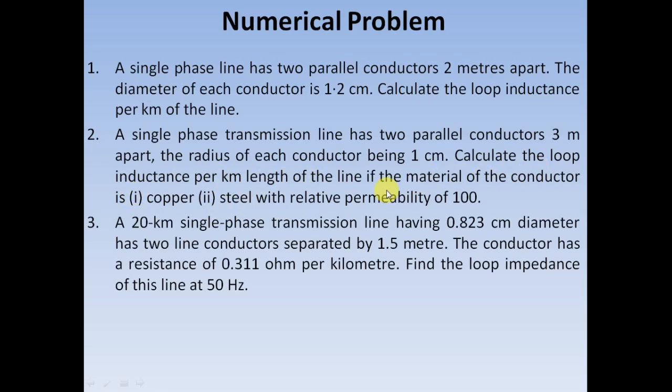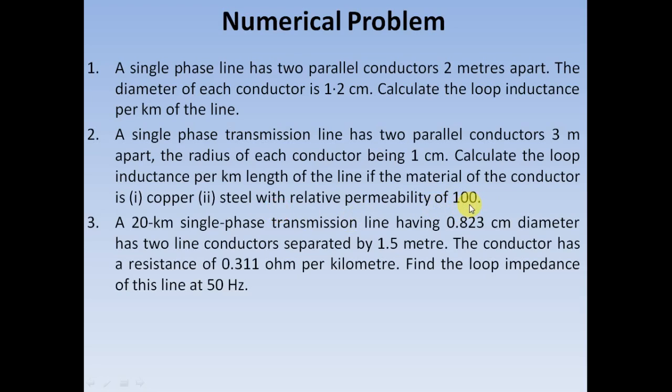But in two conditions. In case 1, the material of the conductor is copper. Since copper is a non-magnetic material, its relative permeability value will be 1 only. In the second case, it is clearly given that we are using steel as the material of the conductor and its relative permeability value is 100.